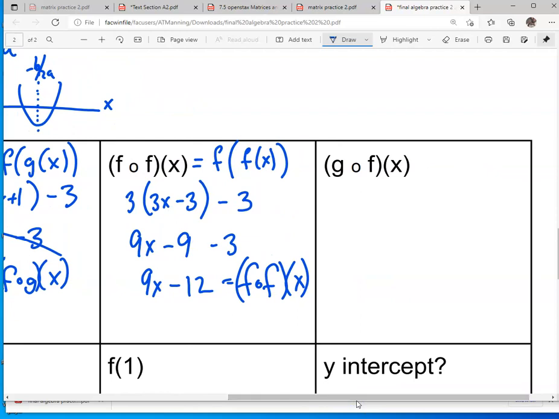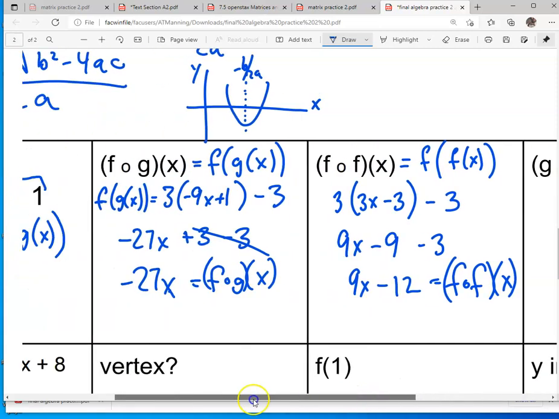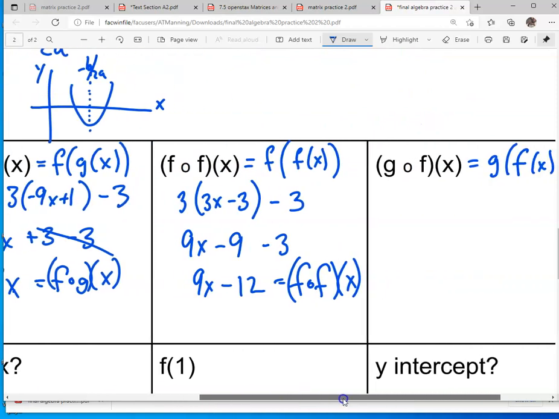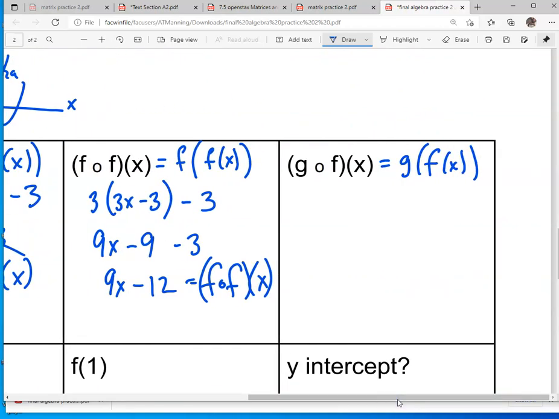Well, same, going to take the same approach. Remember, that's the same as g with f of x as its input. And g is negative 9 times its input plus 1. So I'm going to write it this way. Negative 9 times its input minus 1.